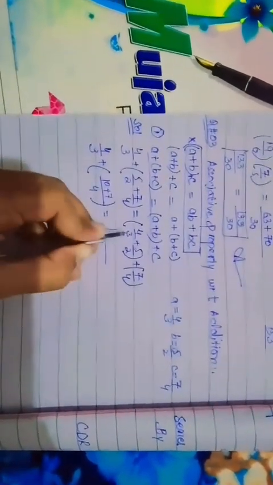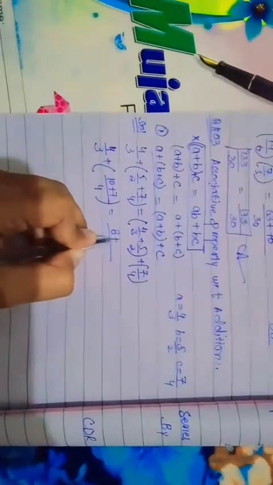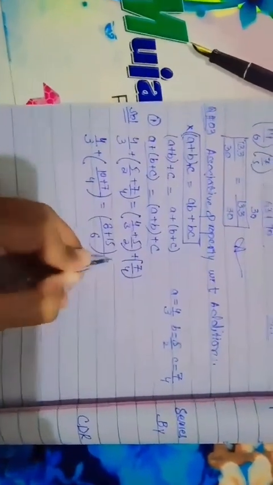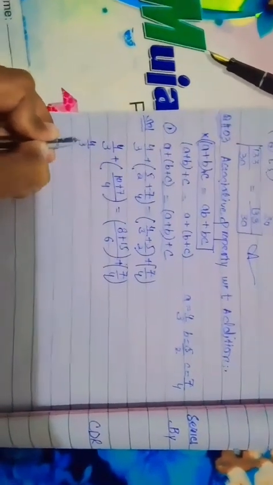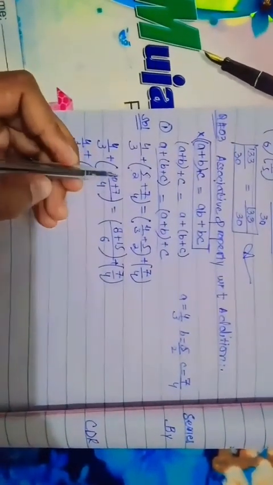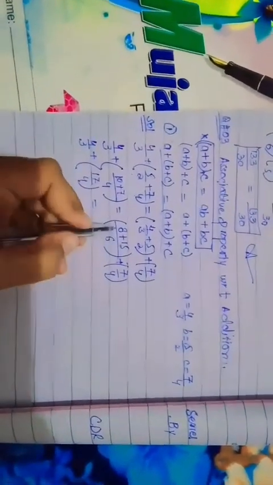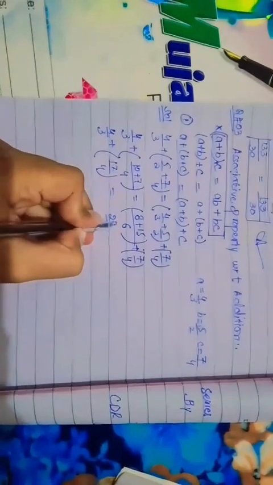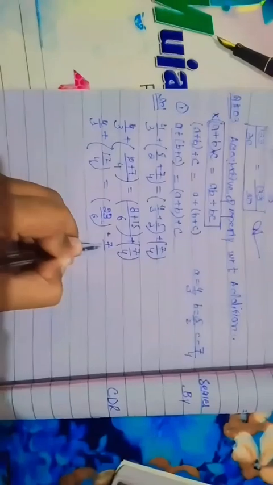LCM of 3 and 2 is 6. 3 2s are 6, 2 3s are 6... 3 5s are 15 plus 7 over 4. 4 over 3 plus 10 plus 7 is equal to 17 over 4. 15 plus 8 is equal to 24... it will be equal to 23 over 6 plus 7 over 4.